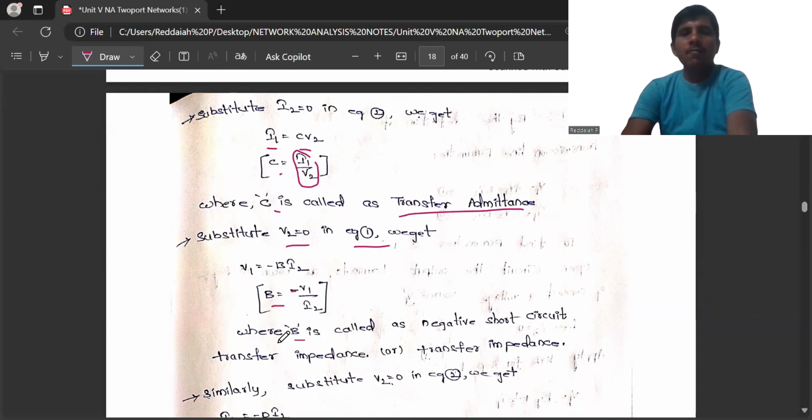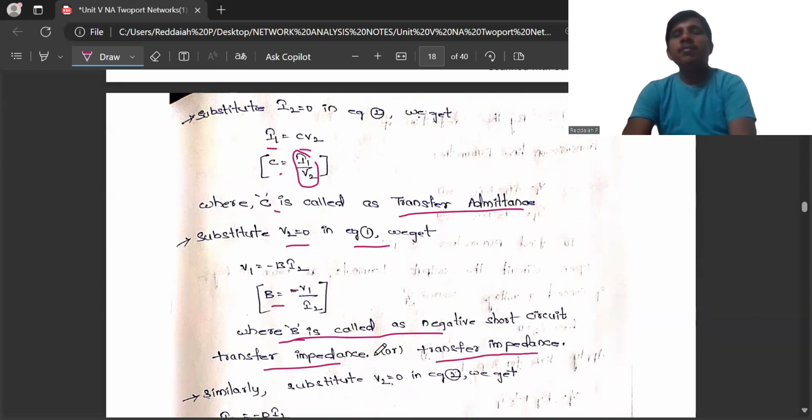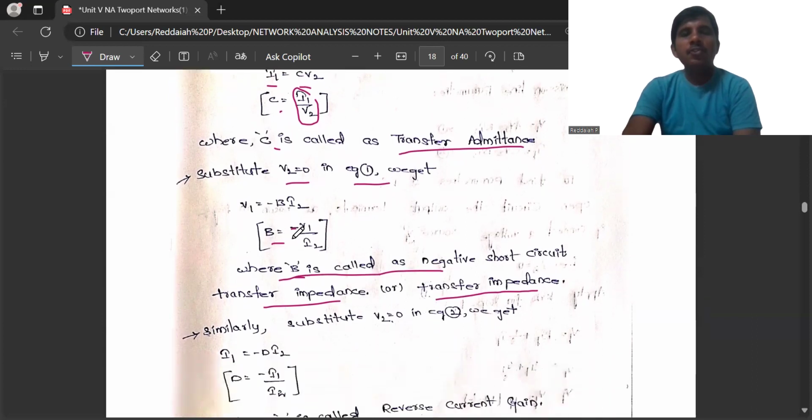B is called the negative short circuit transfer impedance, or simply transfer impedance. Define transfer impedance: 2 marks questions will come. Transfer impedance is the ratio of V1 by I2. The minus sign indicates that it is a negative short circuit transfer impedance, also called transfer impedance.